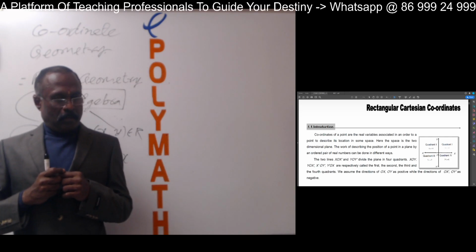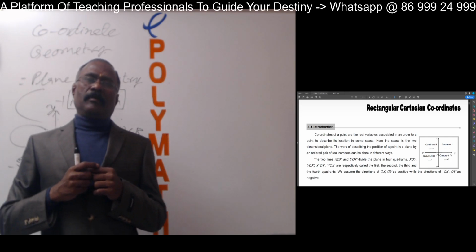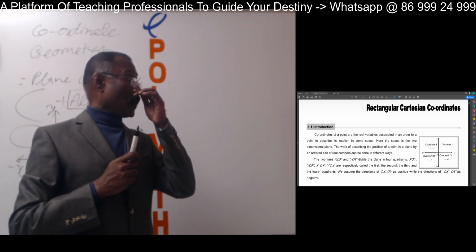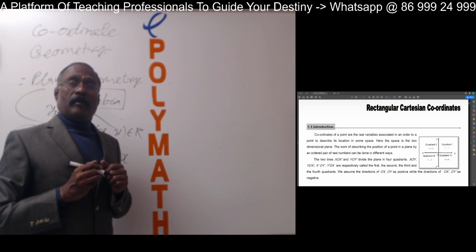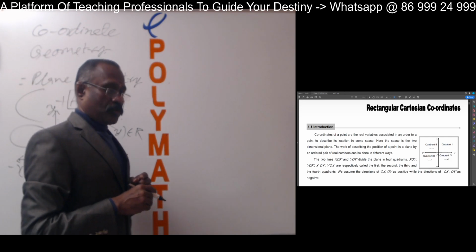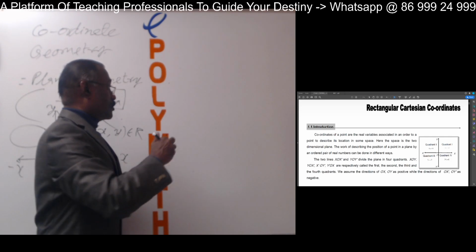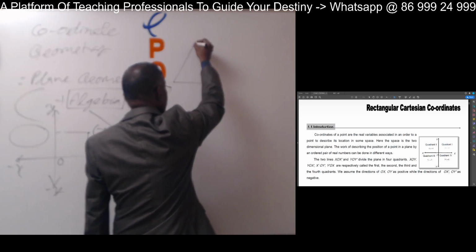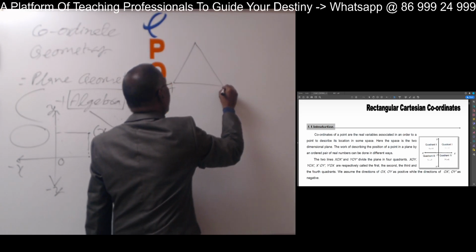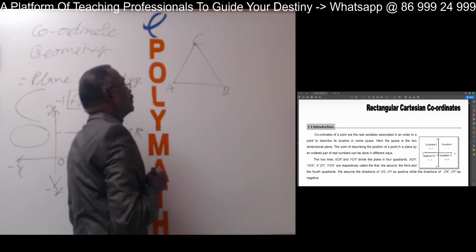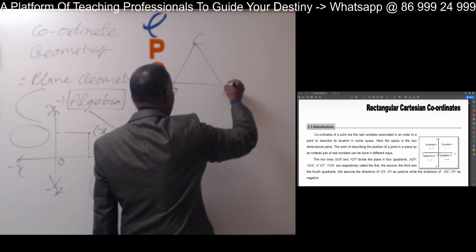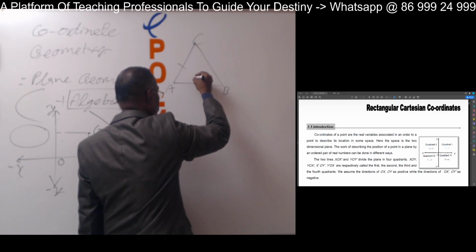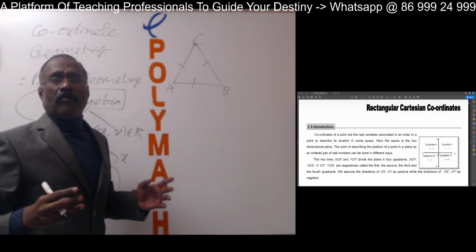So what do you have to understand here? Let me tell you, the triangle is taken with the 3 points A, B, C, and in this one, if the length of AB, length of BC, length of AC are equal, then we say it is an equilateral triangle.